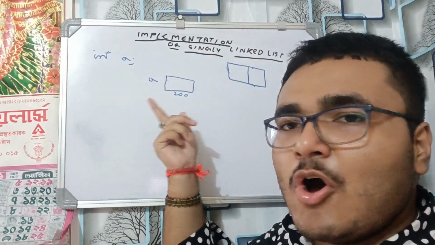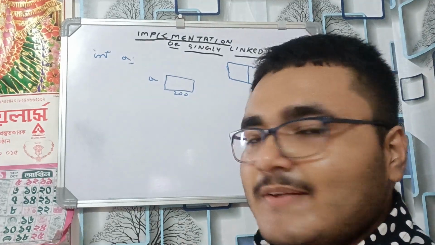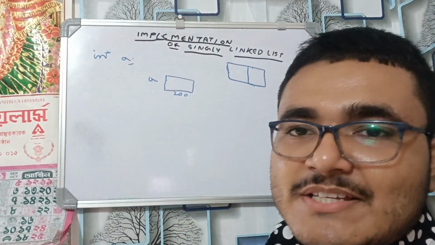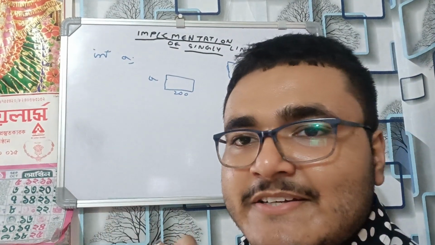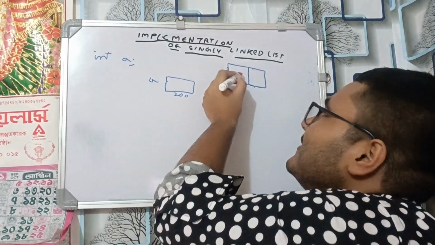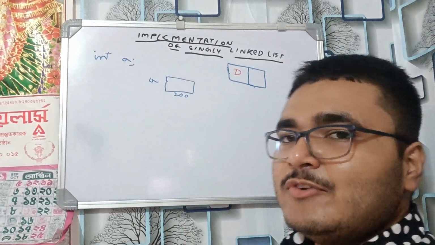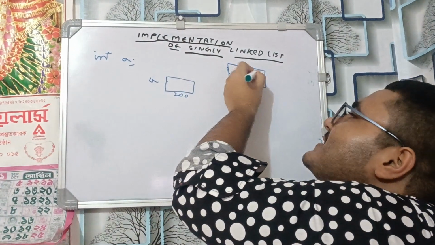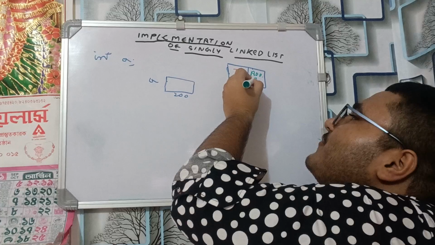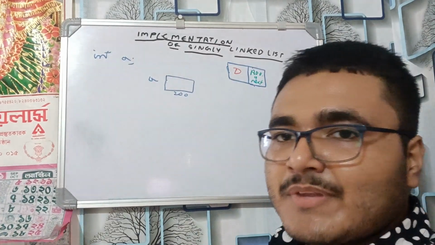It is one block of 4 bytes. There is no split like this, but in a linked list I need it, because in one portion I am going to have my data, and in another portion I am going to have the address of the next node. Yes or no?